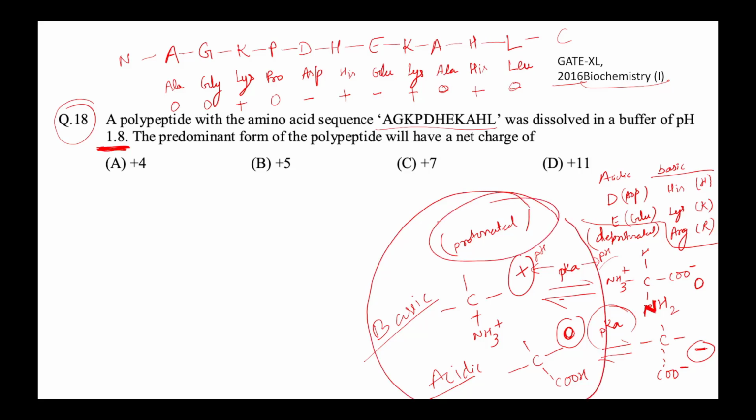The same applies to the N-terminal and C-terminal groups, because at very low pH many protons will be present. In this buffer, which is proton rich, the acidic amino acid will take up the proton and become neutral, and the basic amino acid will take up the proton and become positive.